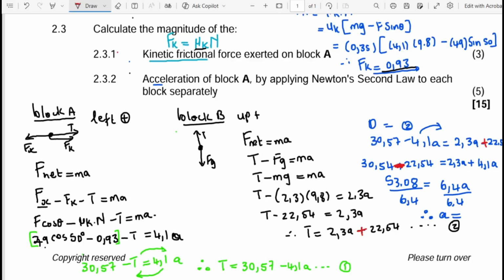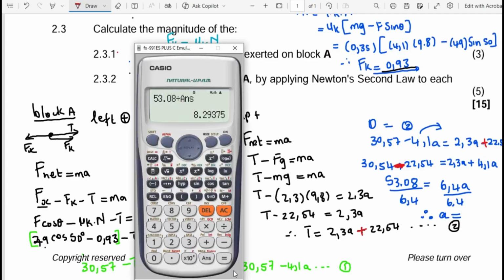Okay, right. Let's confirm other things. I'm not going to stress when I make mistakes because I know you guys will learn from my mistakes. Okay, so this will be plus. So we need to say 30.54 instead.